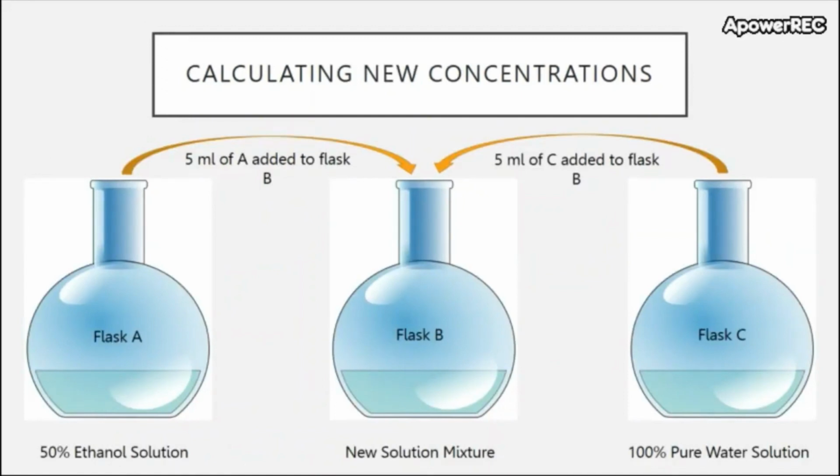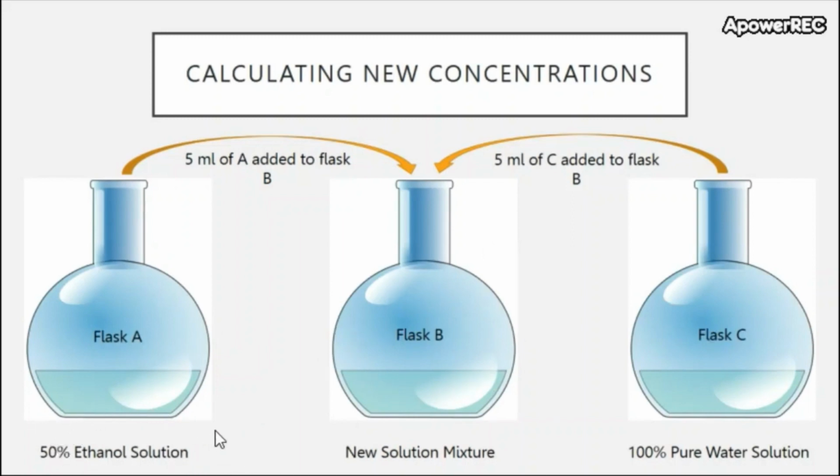Okay, so in this example, we're going to look at how to calculate a new concentration. So we have 3 different flasks. We use flask A and flask C in order to make flask B. Flask A has 50% ethanol solution, right?